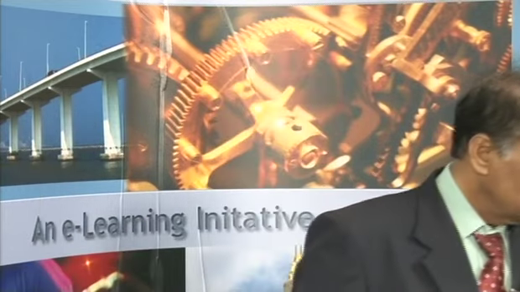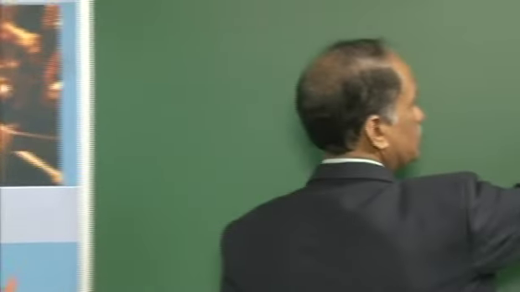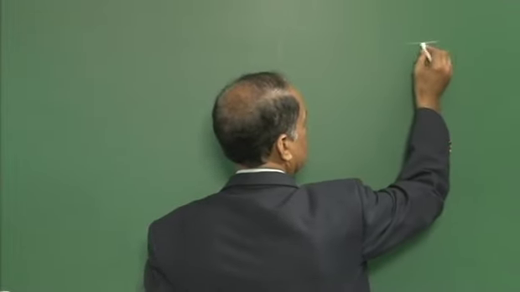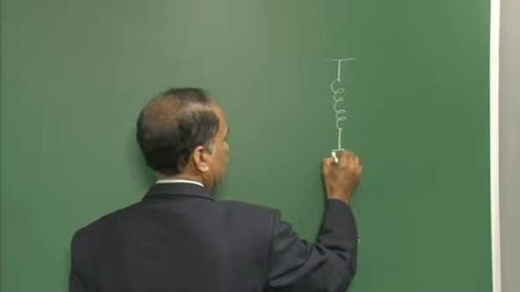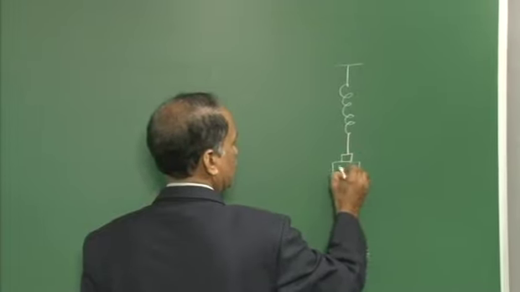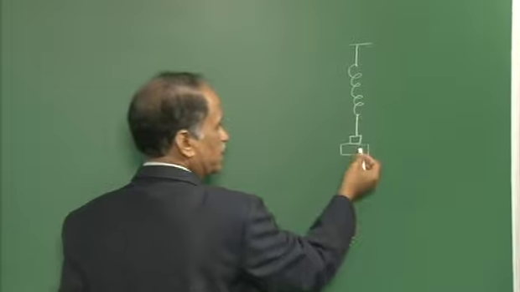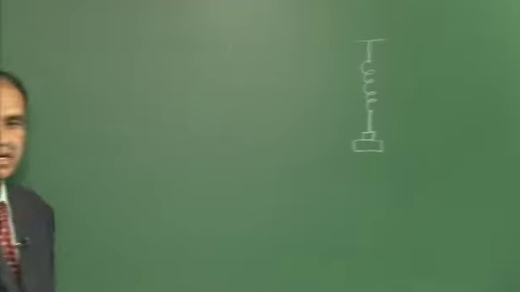Let me mention mechanical engineering, that is mechanical system, in the case of spring mass system the application goes like this. Suppose you have a spring and some mass is attached to that, and that mass is pulled in the downward direction and then you release it.